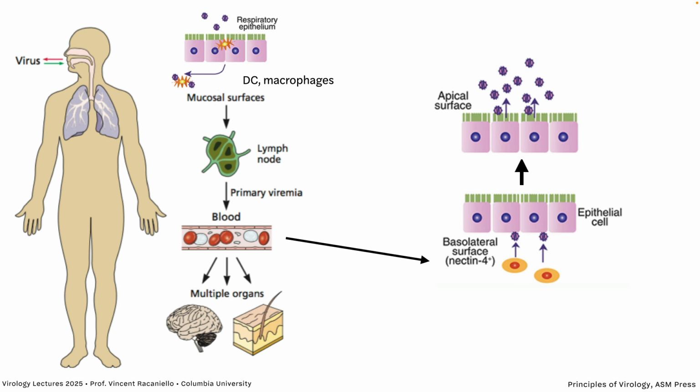Okay, so here's the pathway of the virus spreading in you. You inhale virus, it goes to your respiratory epithelium. It does not infect the mucosal epithelial cells. Rather, it infects immune cells that are throughout the epithelium, like dendritic cells and macrophages. Remember, they're sentinels.